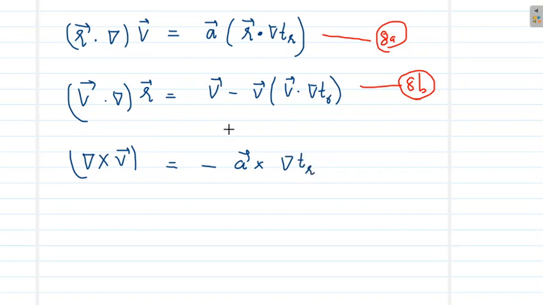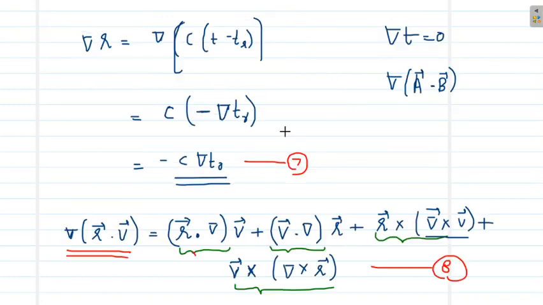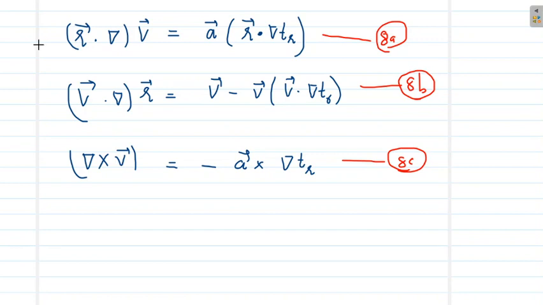So this is our equation number 8c. And equation number 8d, which will be our expression for the fourth term, can be found to be del cross curly r bar is equal to v bar cross del tr.